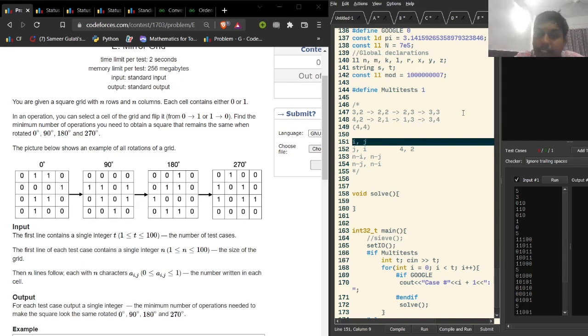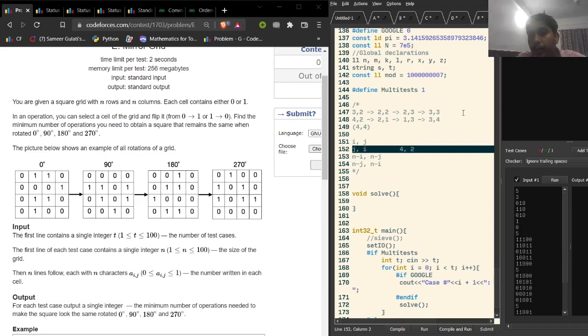So I comma j goes to... j remains the same, and here it goes to n plus 1 minus I. Makes sense? 5 minus 4 is 1. Makes sense. And from 2 comma 1 it goes to 1 comma 3.